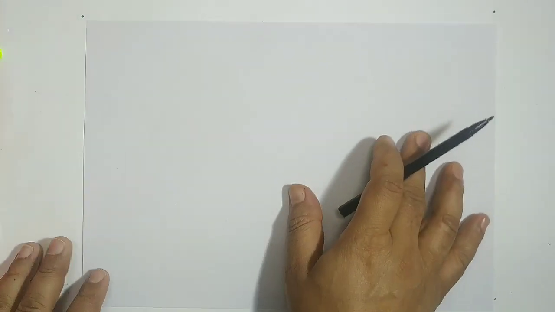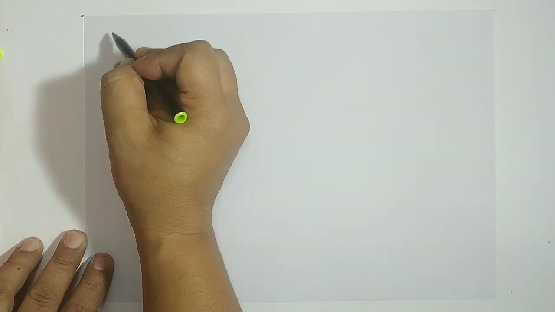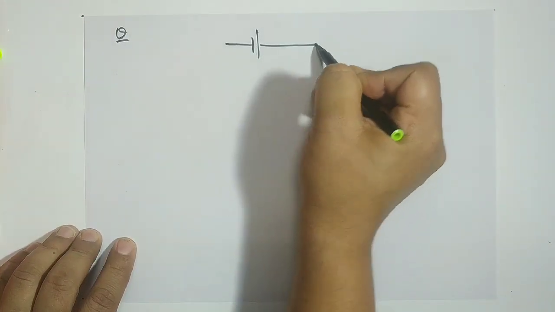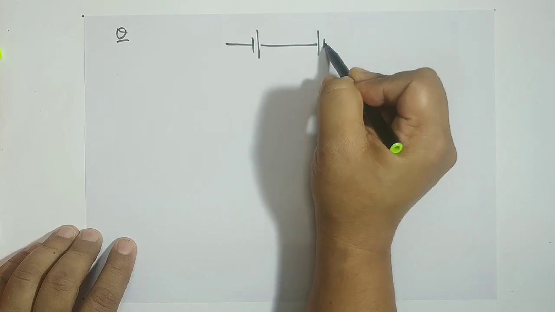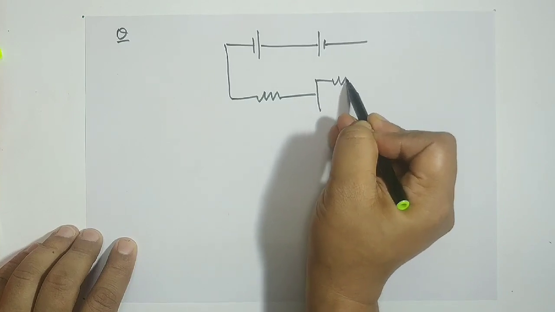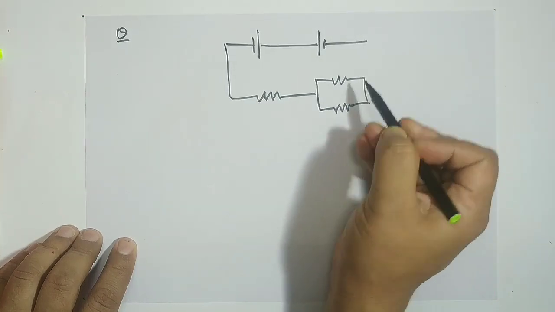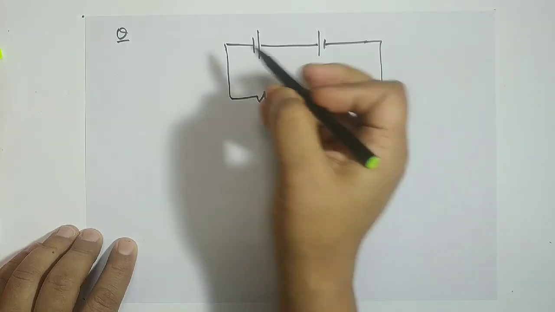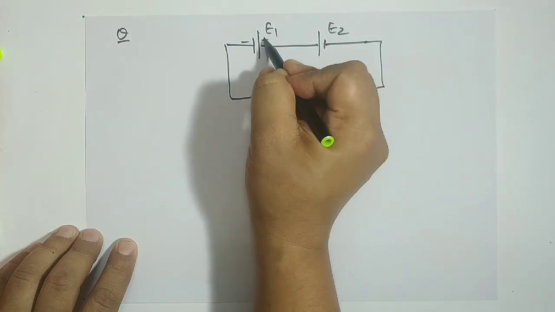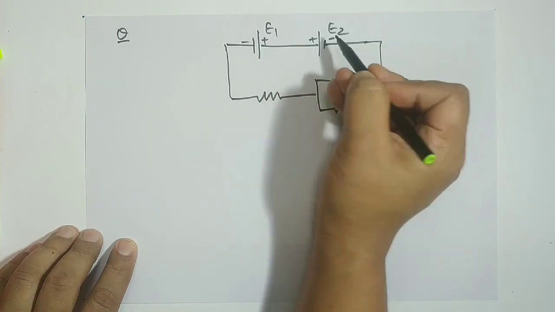So this is one question based on how you calculate it in parallel. There is another question which I am going to discuss right now, in which there is a circuit given here. Directly I am drawing the circuit. There are some external resistors also, and this is of EMF E1, this is of EMF E2, and see, like terminals are connected.